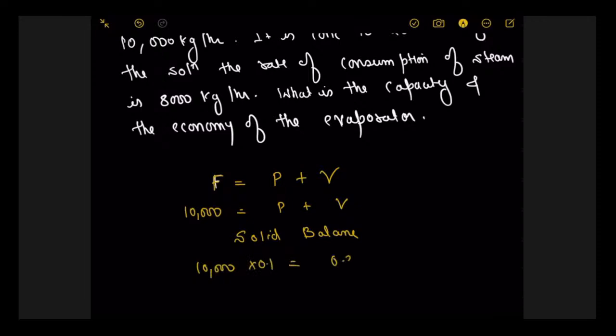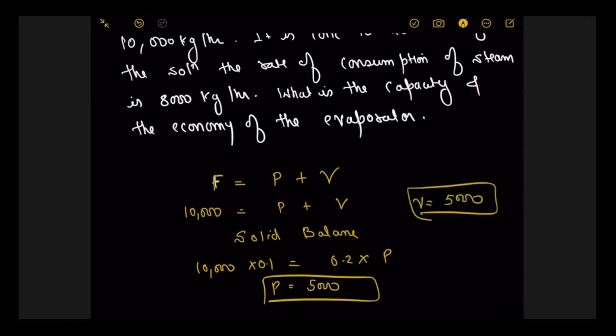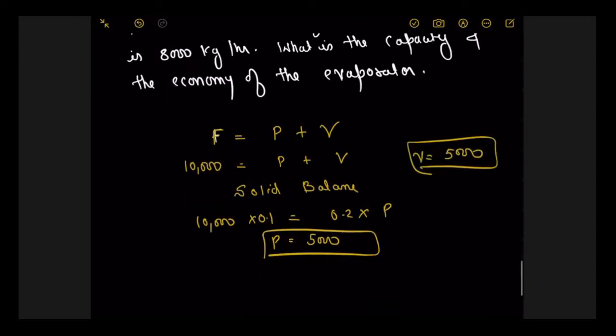In product, it is 0.2 into product. So product comes to 5,000. So how much vapor is evaporated? That is the capacity, 5,000. And economy is vapor generated upon steam fed, 5,000 upon 8,000, that is 0.625.